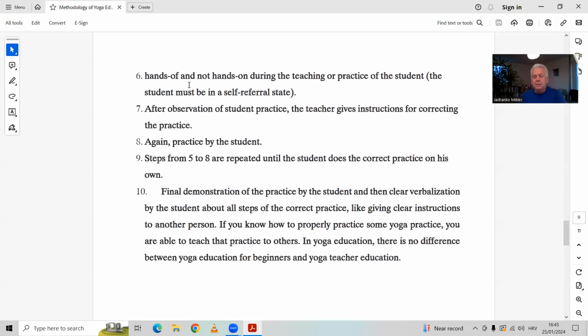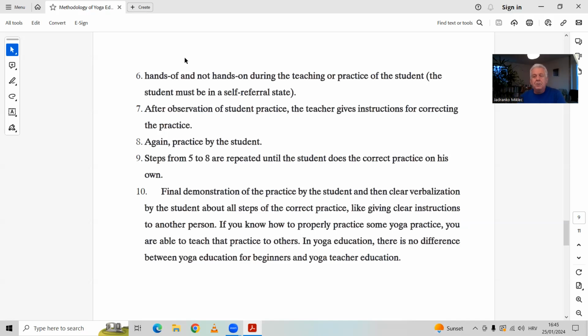not touching the student. This is hands off, not hands on. The hands on method does not exist in traditional yoga. This is a modern kind of development in yoga, which is very popular today, but has nothing to do with the traditional methodology of teaching yoga.